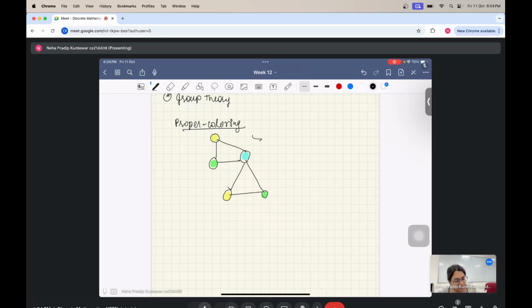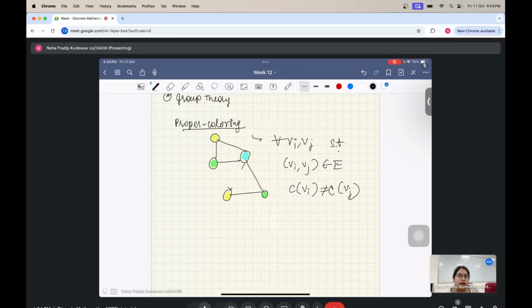So by proper coloring we mean that for all vertices Vi, Vj such that ViVj is an edge, the color of Vi should not be equal to the color of Vj.